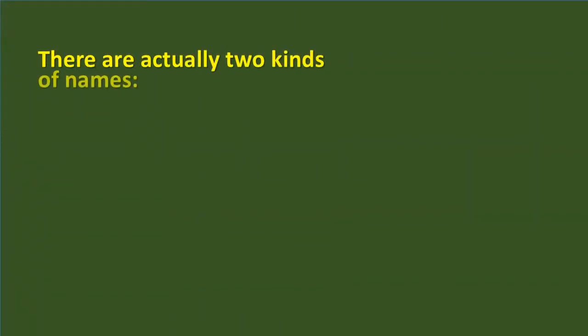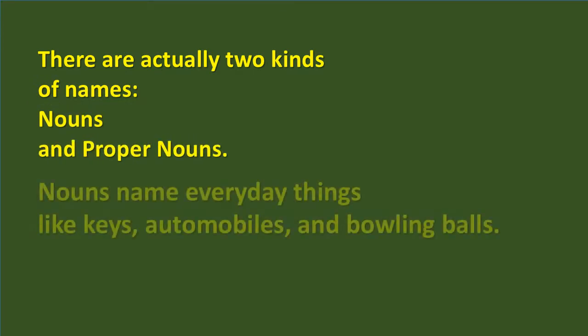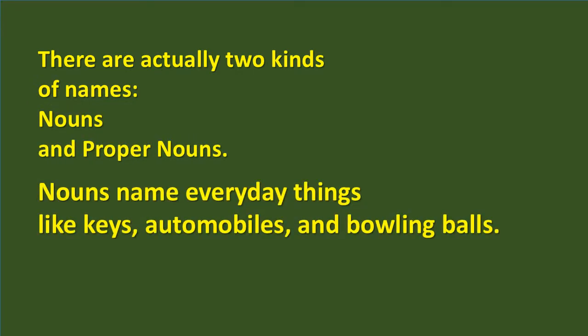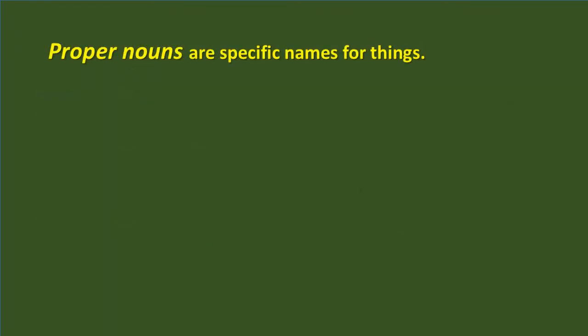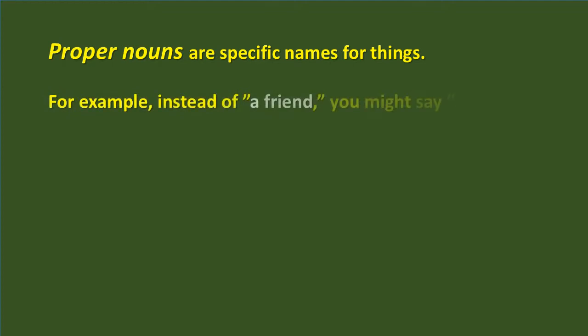There are actually two kinds of names, nouns and proper nouns. Nouns name everyday things like keys, automobiles, and bowling balls. Proper nouns are specific names for things. For example, instead of a friend, you might say Jerry.